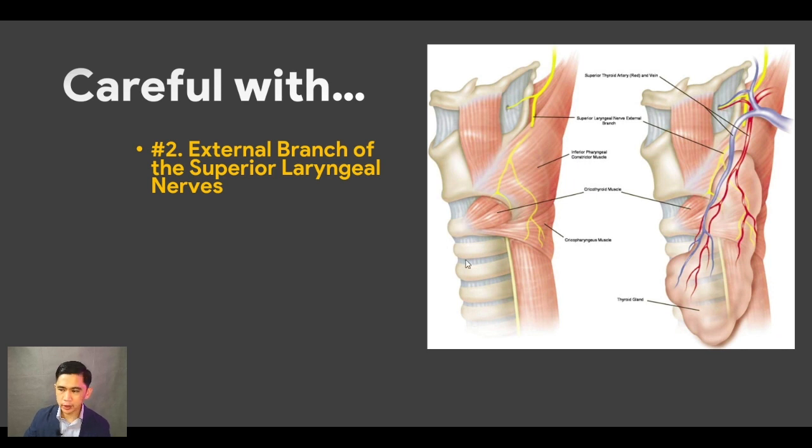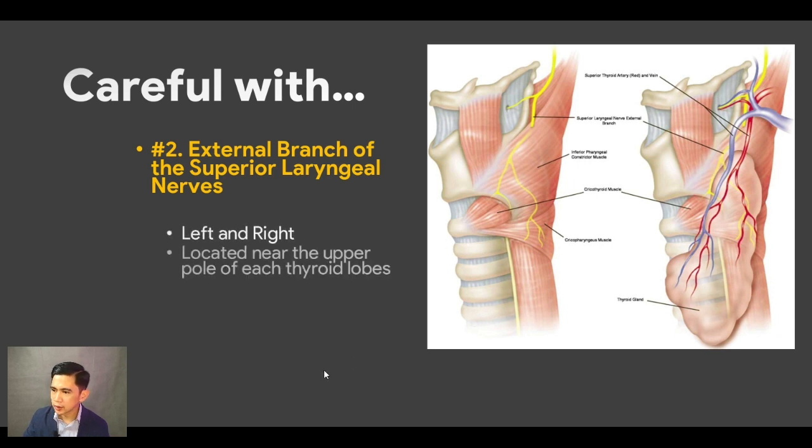This is the tracheal cartilage. So the thyroid gland must be somewhere here, in the cricoid, in the tracheal. Now the external branch of the superior laryngeal nerves is around this area, in the upper pole of the thyroid. It is located near the upper pole of each thyroid lobe. Okay, so when you get the thyroid out, be careful of this one.